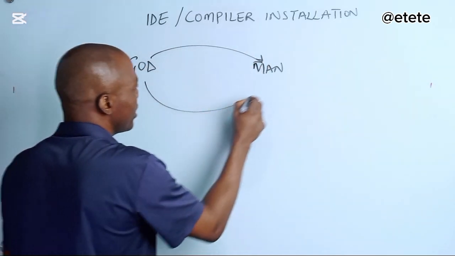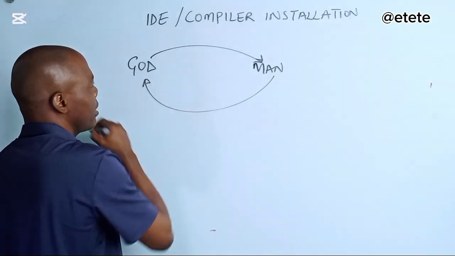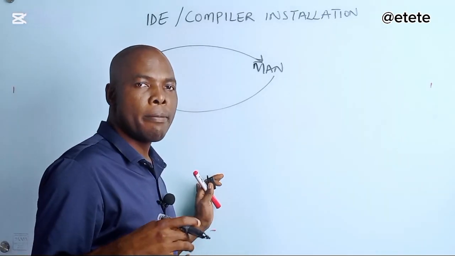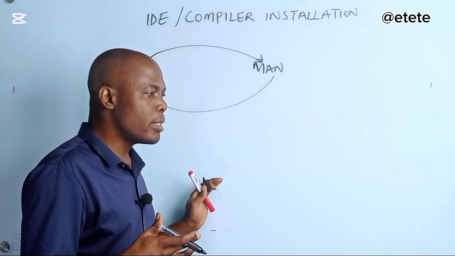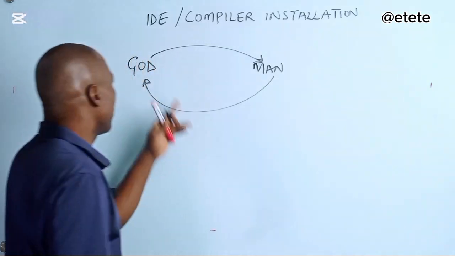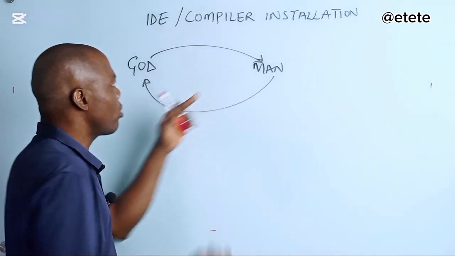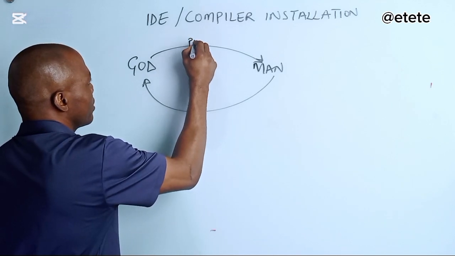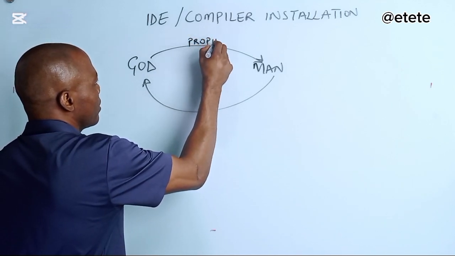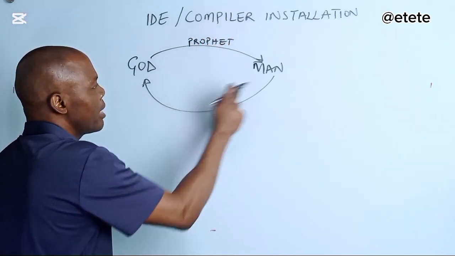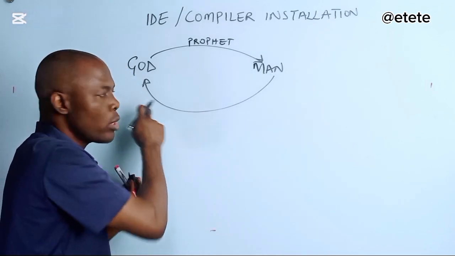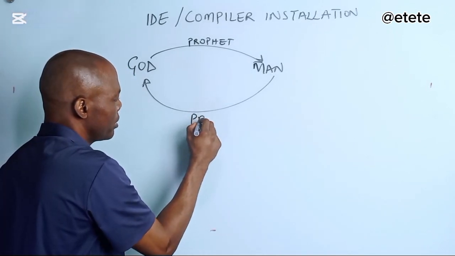And then from here to here, back. So in the Christian religious text, we look at God communicating with man through what? Through the prophet, right? But man communicating back to God through what? Through the priest.